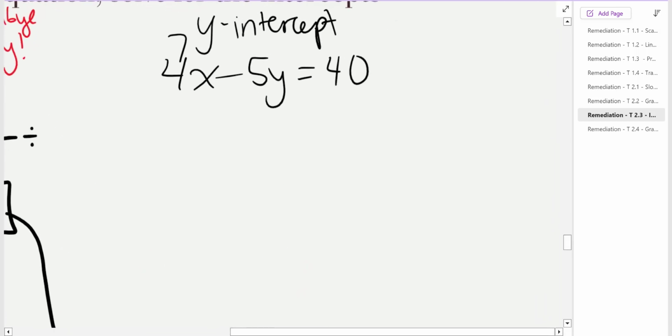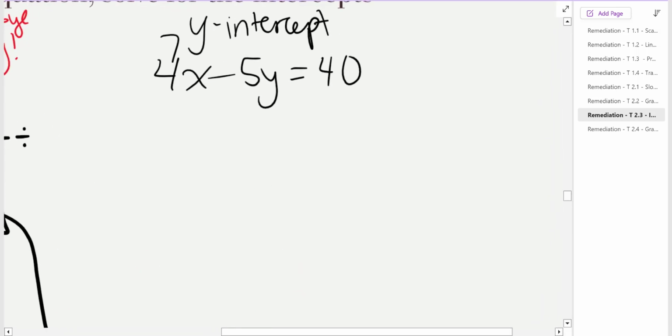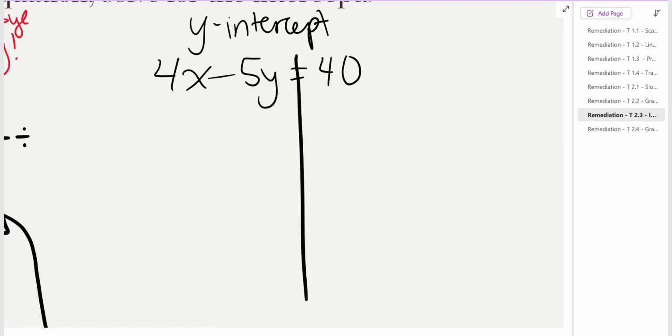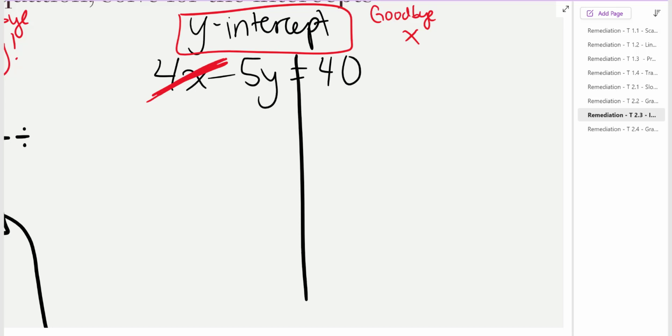Now we're going to solve for the y-intercept. Draw the line. So, for the y-intercept, we're going to say goodbye x. So, you can eliminate the group with x. Now, what do we have left over? We have a negative 5y.